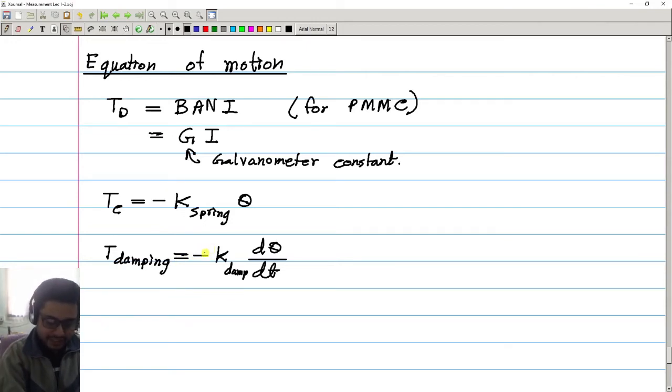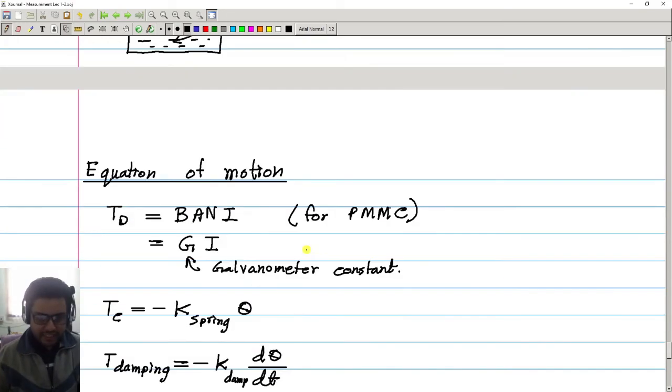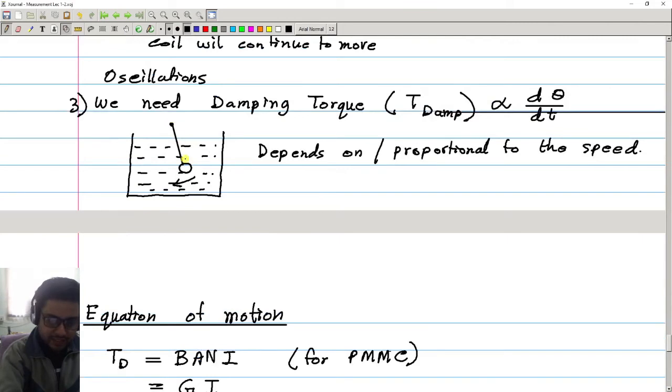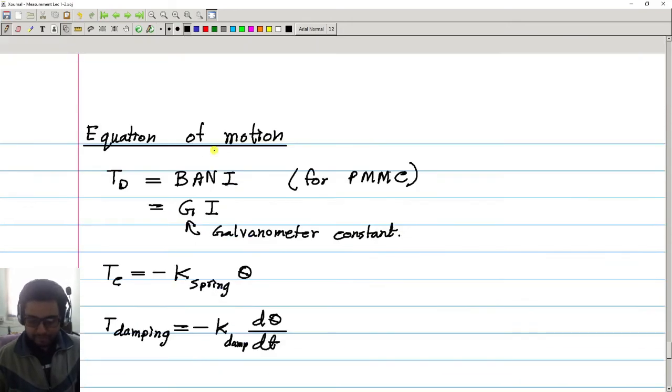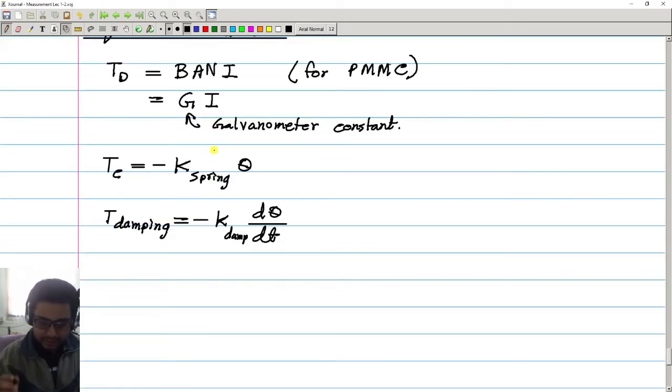This indicates that the damping torque always acts in the direction opposite to the velocity. That is natural. Even in the pendulum water experiment, if the pendulum is moving towards the left, the force is always towards the right, and vice versa. That's why this minus sign.